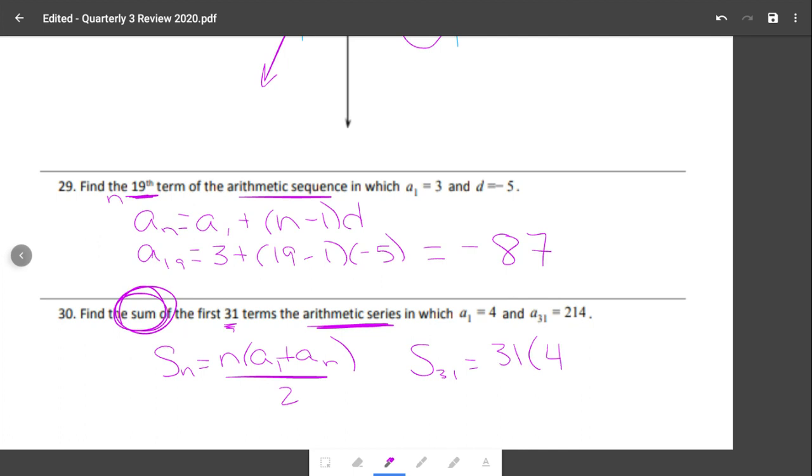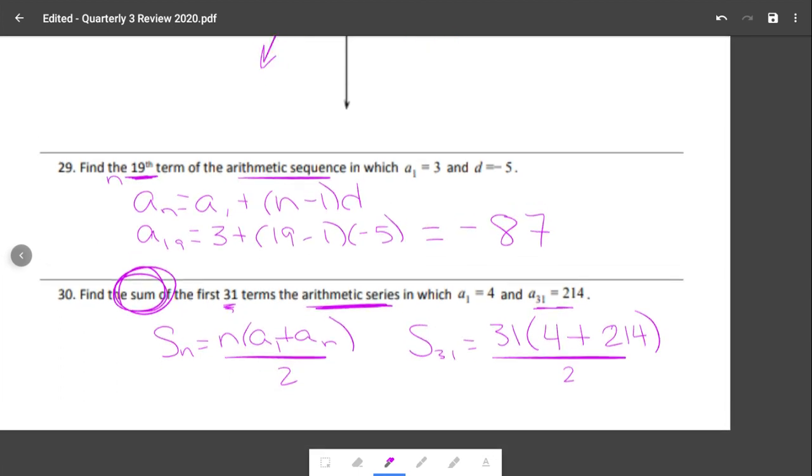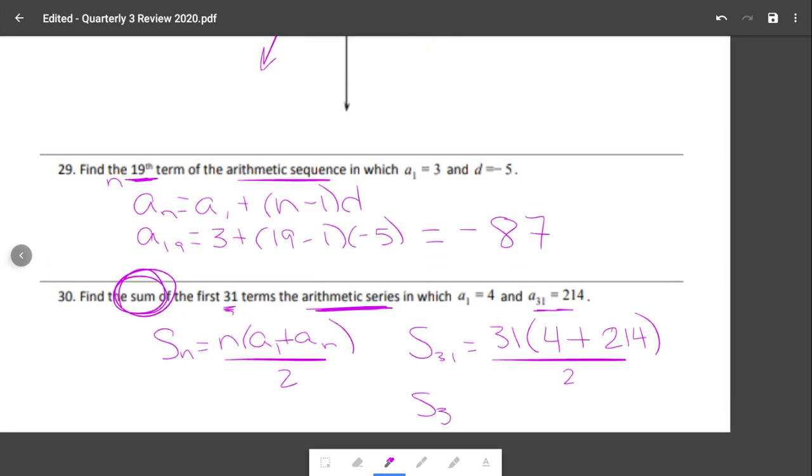A1 is 4 plus an, that would be the A31, is 214 all over 2. So again, you can plug that straight into your calculator, and you should get that the sum is 3,379. Final answer.